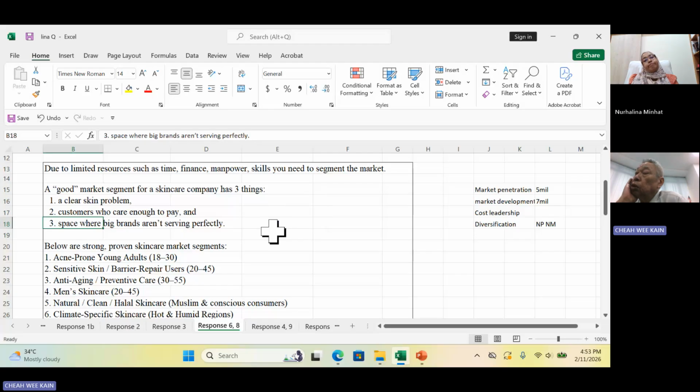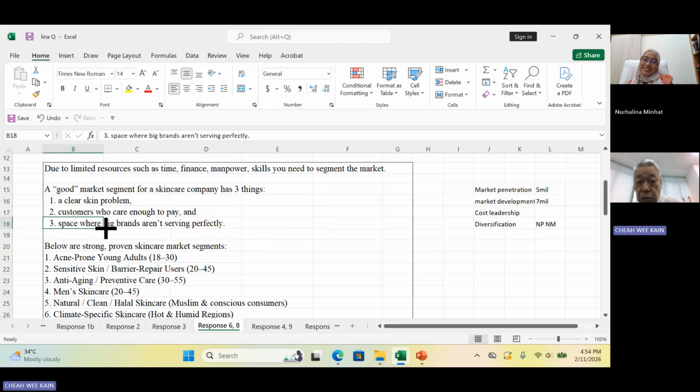For example, what did my wife buy? Moisturizing cream. You know how many moisturizing creams are around? So many brands, SK-II, Simple, I don't know what else. It's very difficult for you, no?